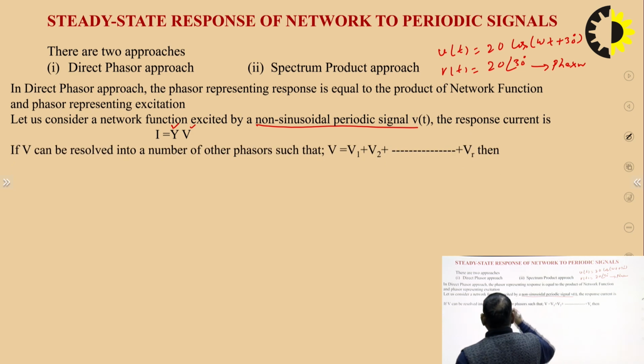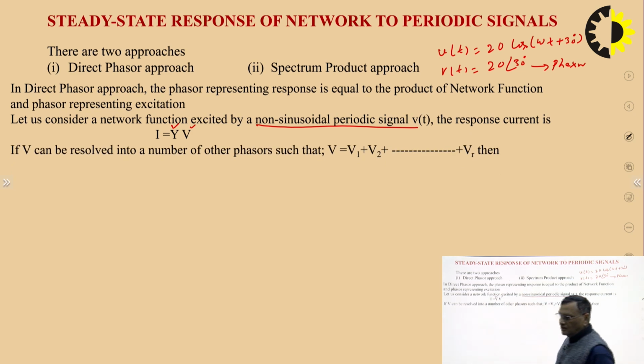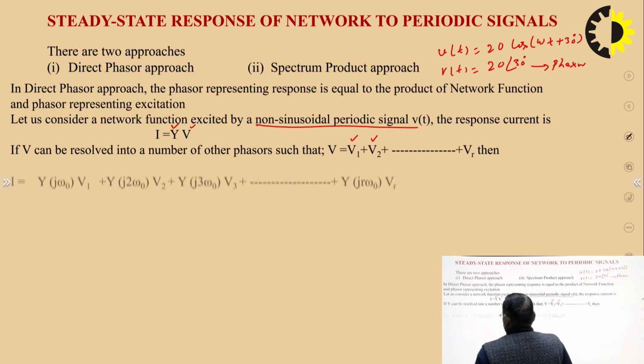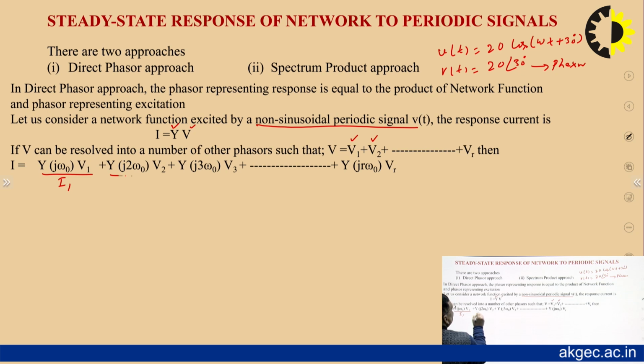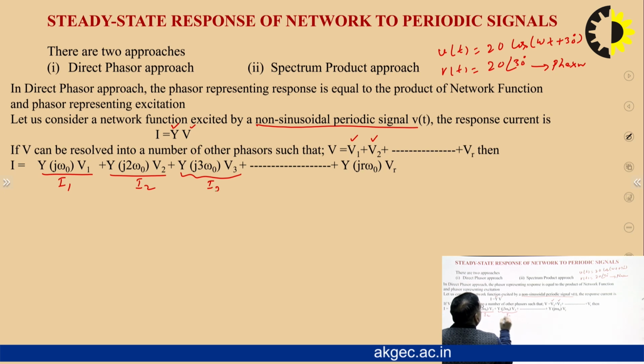Because the input is non-sinusoidal periodic, we carry out the Fourier series to decompose the signal into the fundamental V1, then second harmonic, third harmonic and Rth harmonic. Yesterday we discussed this. So this is I1, I2, I3, and the current is calculated.